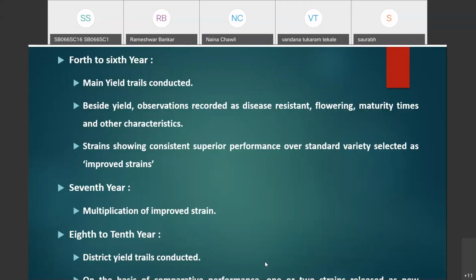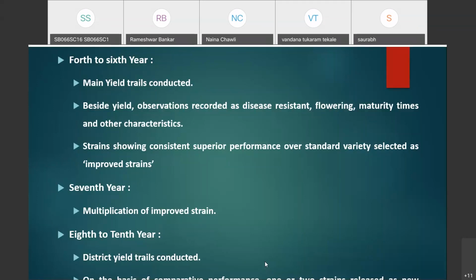Understand, I am repeating this one. In the 8th to 10th year, the seeds of the improved strain are distributed to the progressive farmers in the different regions for the district yield trials. Comparative yield trials are conducted for 3 years, for the 8th, 9th, and 10th generation.